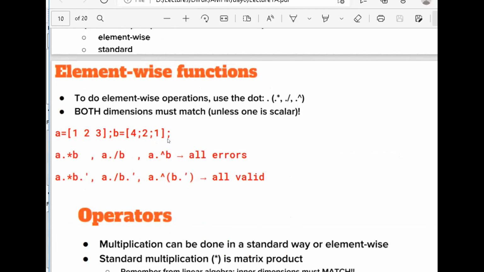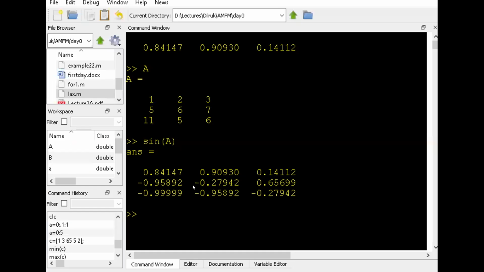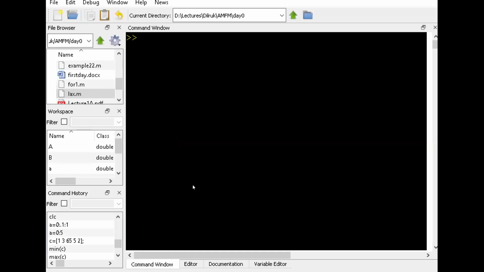All right, let's see this one here. Let's clear the screen. And we had vector v, right? v is this one. So let's say I want to find the square of each element.